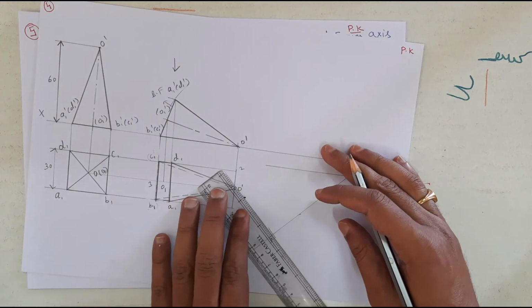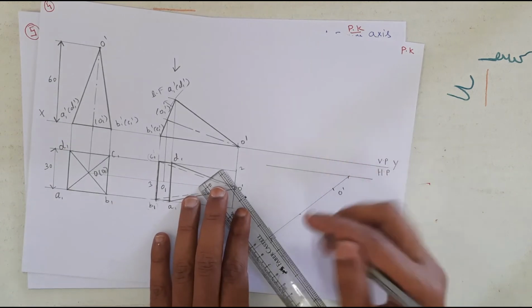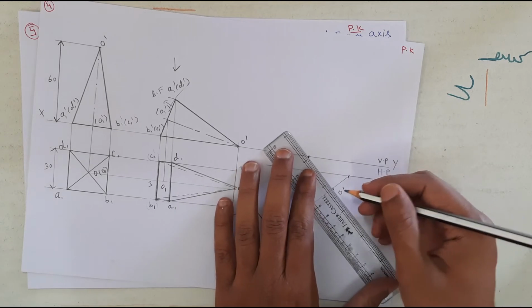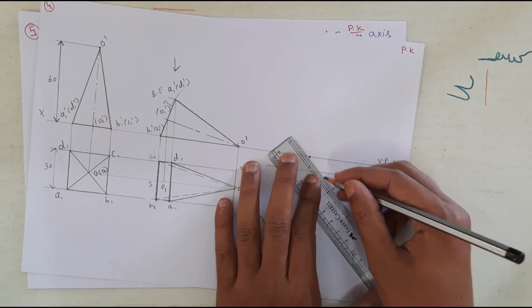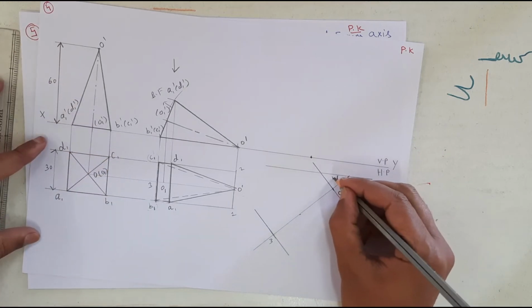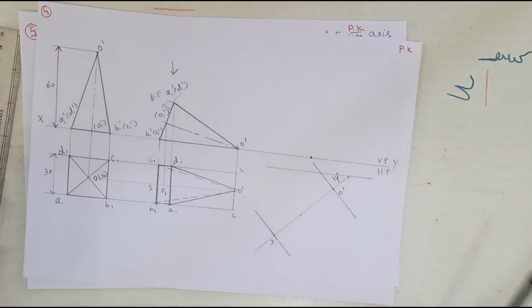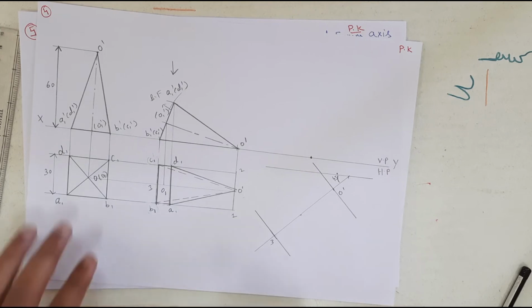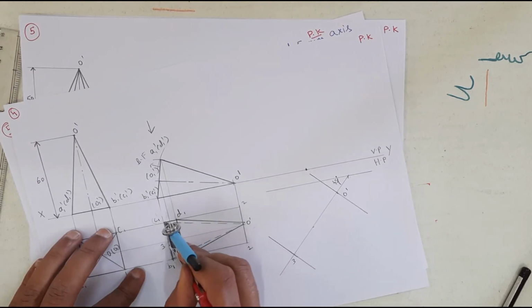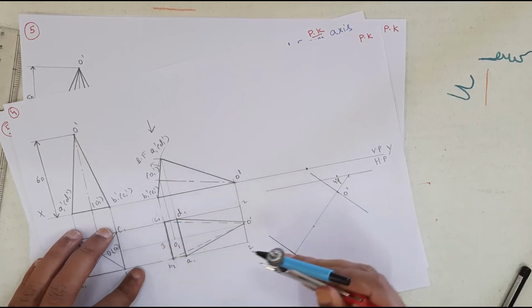Here I am going to draw the vertical line, 90 degree line to this. Okay, so what is the angle being given? It is 45 degree. Now with the help of compass, I am going to take the measurement from 3 to C1.